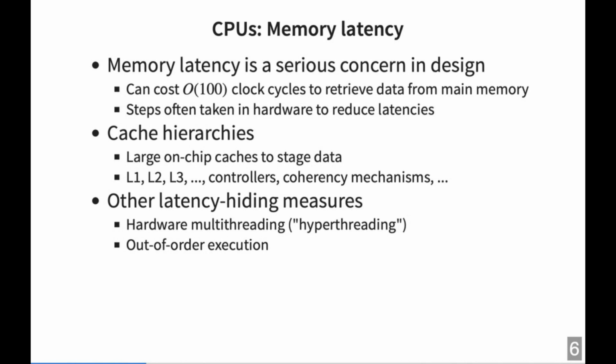So the idea here is you have basically smaller amounts of memory which are in some sense closer to the processor and therefore take less time to get to, and you hope to reduce this memory latency problem.